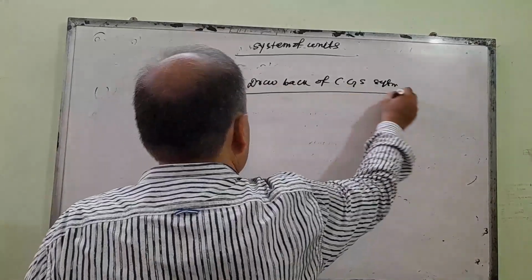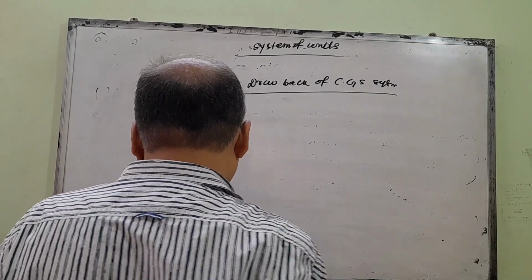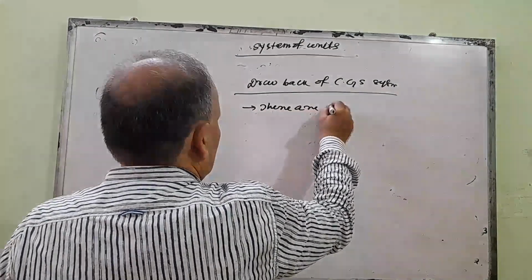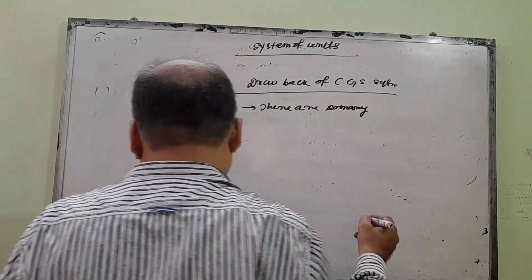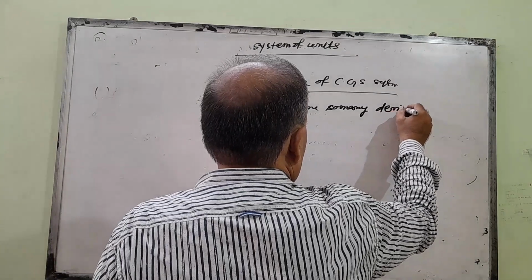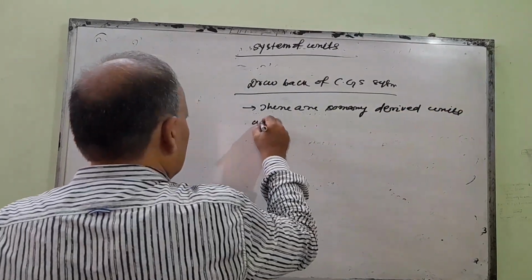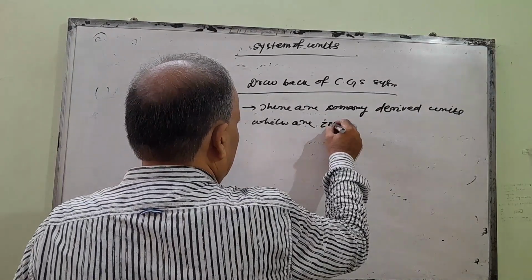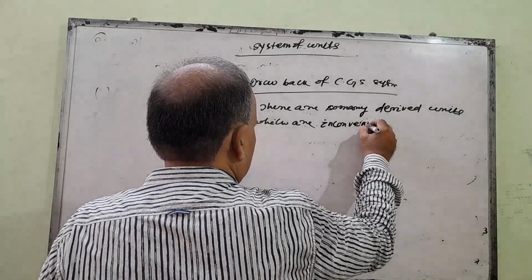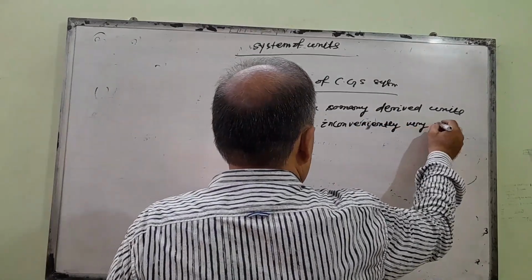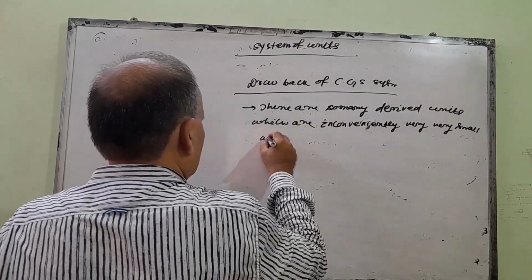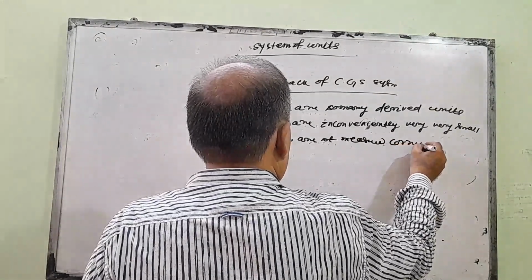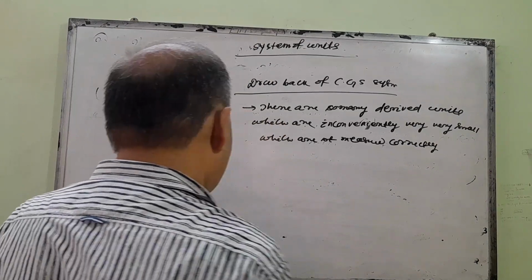The drawback of the CGS system is that there are so many derived units which are inconveniently very small, which are not measured correctly.